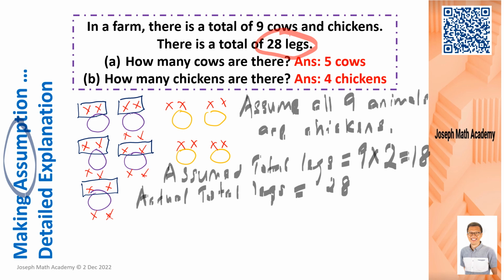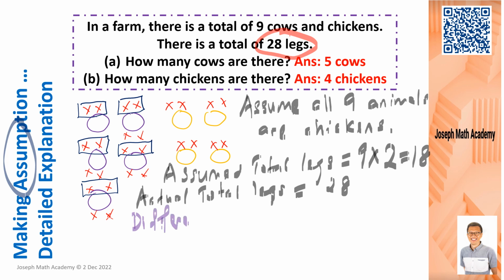Now, we already know that there's a disagreement in the total number of legs because of our assumption. So what we need to do now is find the difference between them.